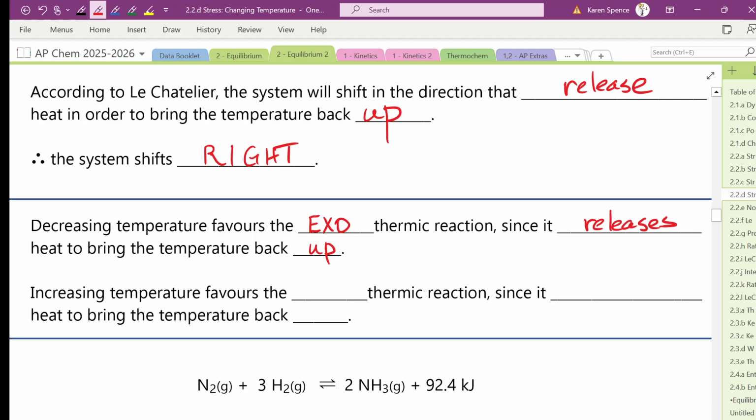Increasing temperature favors the endothermic reaction, since it absorbs heat to bring the temperature back down.